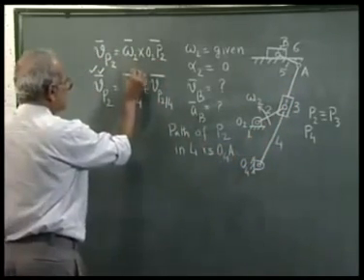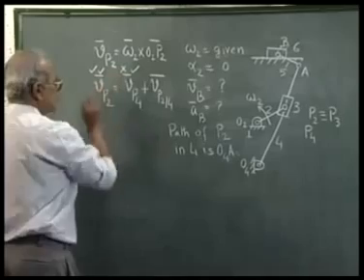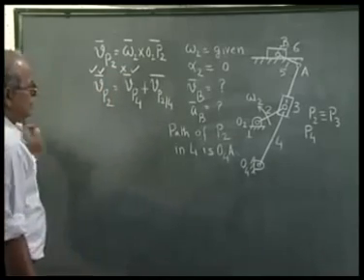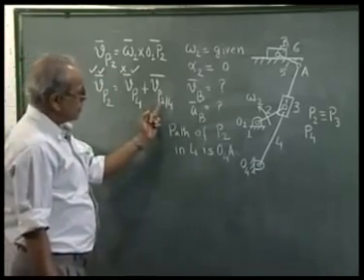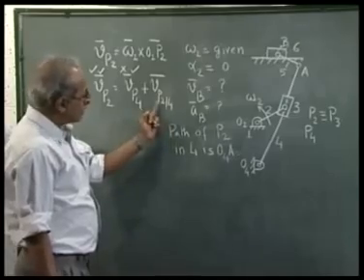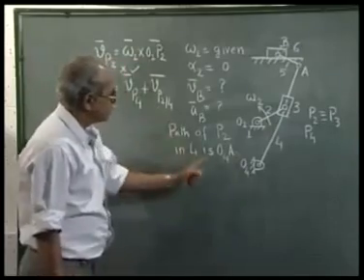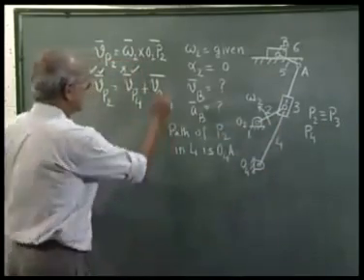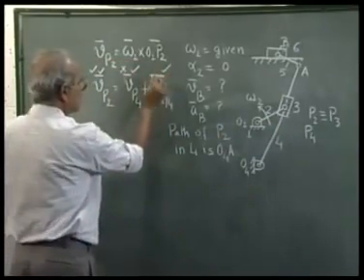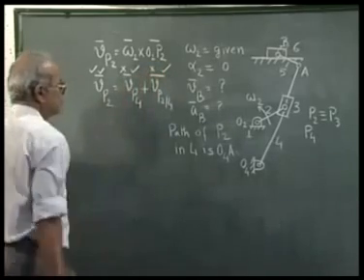So, the direction is known, but the magnitude is unknown. Velocity of P2 in body 4, because the path of P2 in body 4 is along O4A, so the velocity must be along that direction O4A. So, here also I know the direction, but not the magnitude.